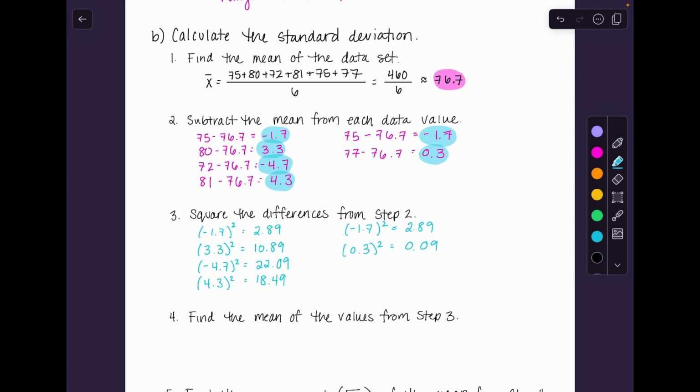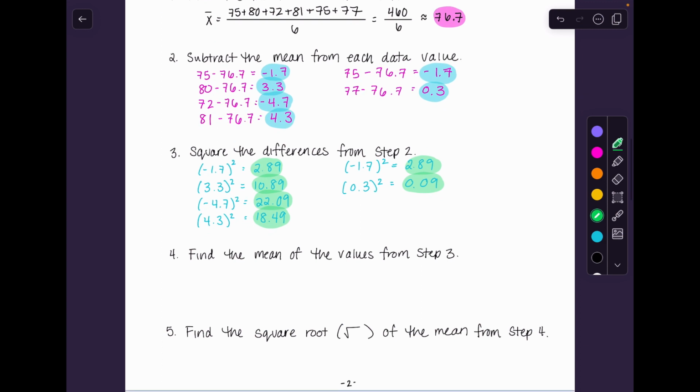And so what I'm doing in this fourth step is averaging the squared differences. So we're averaging all of these values, so we're finding the mean. I want to take all of these values, add them up, and then divide by 6 because I have 6 values.